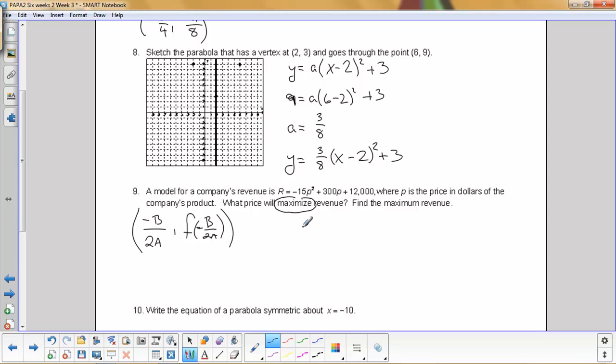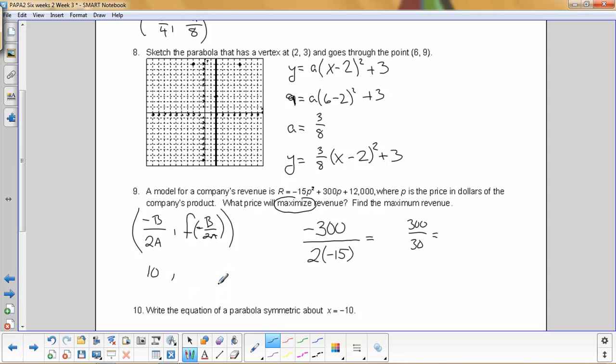So B is 300 over 2 times negative 15. So that means I get 300 over 30. Negatives cancel out, which means that the y value, or sorry, the x value is 10. Okay?